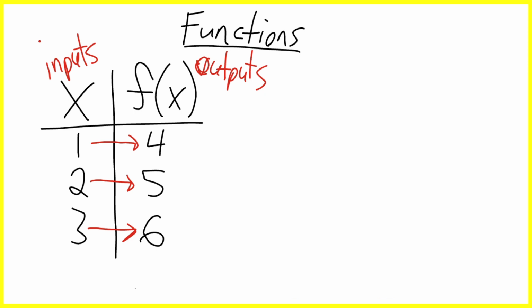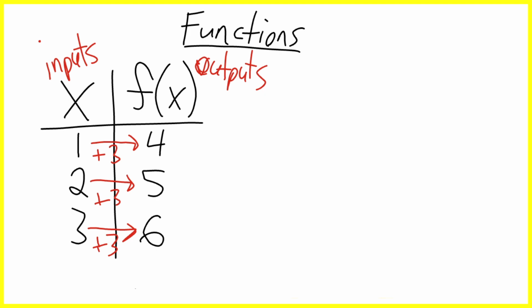And so now we can identify what function is changing these input values to get these corresponding output values. In order to get from 1 to 4, we would add 3. To get from 2 to 5, we would also add 3, and same thing here, 3 to 6, I would have to add 3. So each time, what is this function f of x doing?